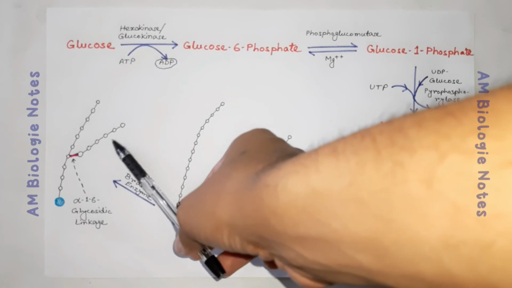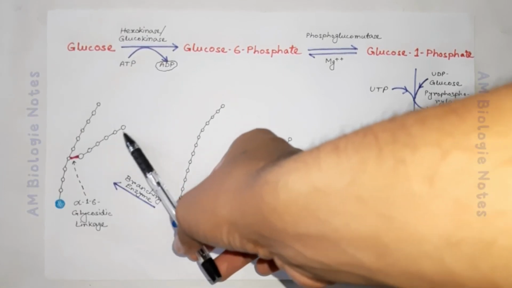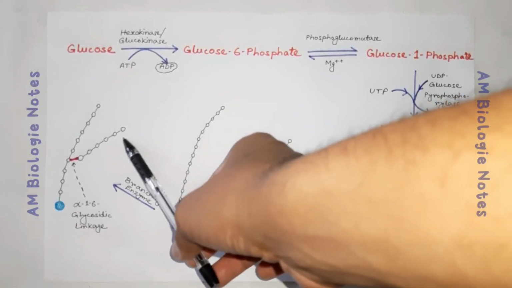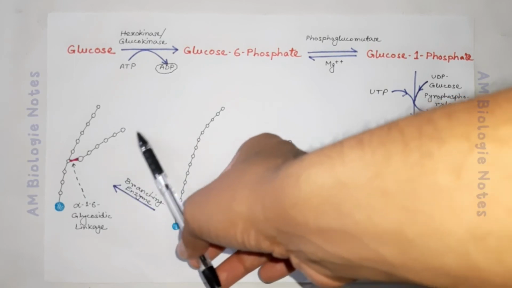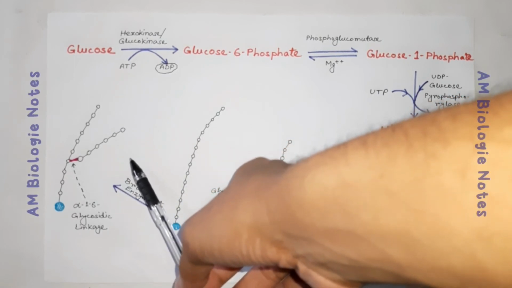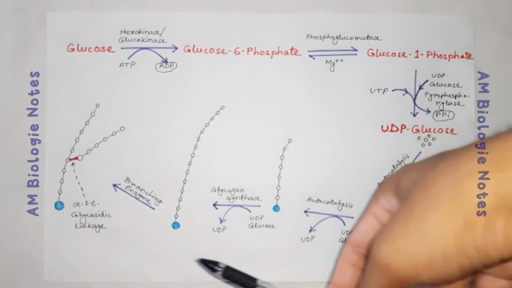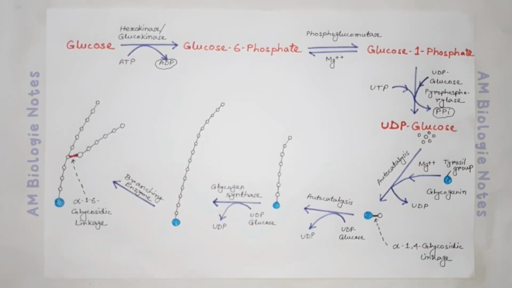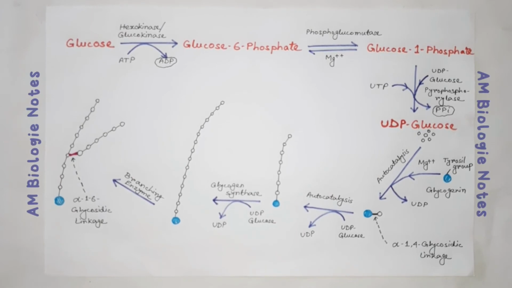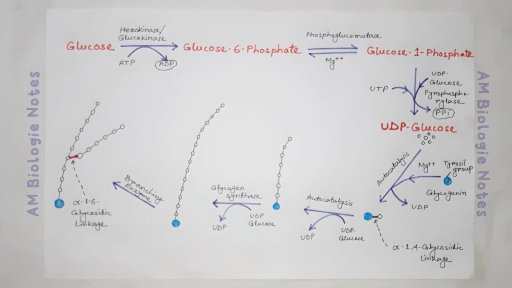This branch will further grow by addition of more alpha 1,4 glycosidic bonds between the glucose molecules. In this way, glycogen is built by the joint action of glycogen synthase and the branching enzyme.